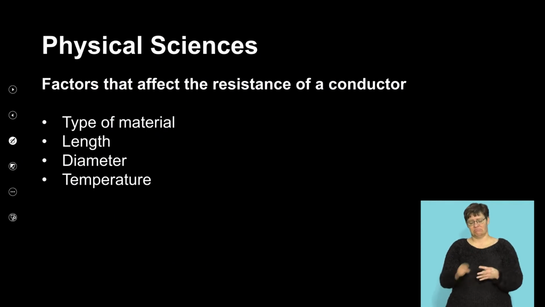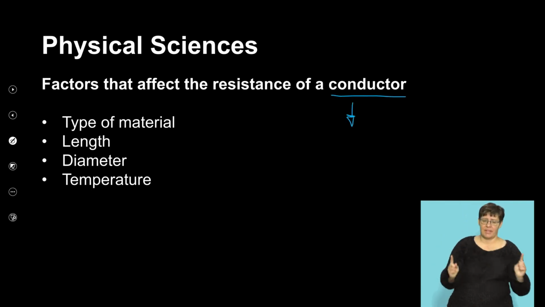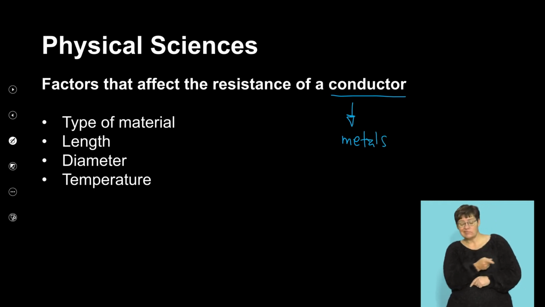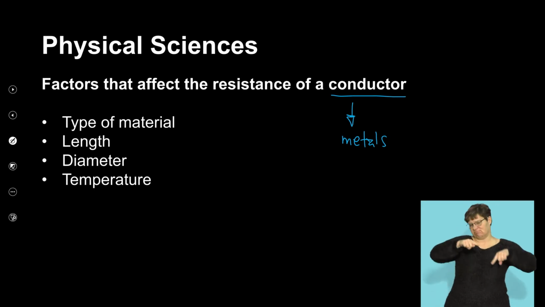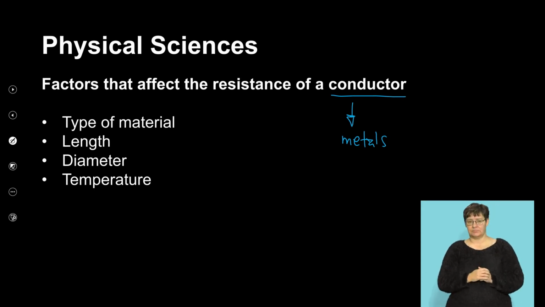If we can recall, we have listed the 4 factors that affect resistance of a conductor, and we said that these conducting materials in most cases are your metals, which is based on the bonding of metals, which is metallic bonding. So the 4 factors that affect resistance can be the type of material, the length of material, the diameter, or the cross-sectional area.